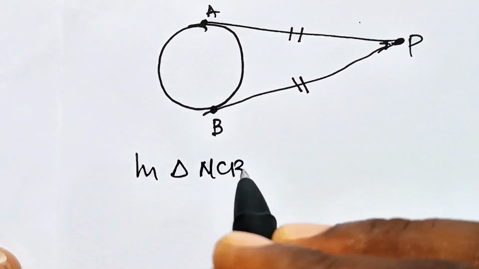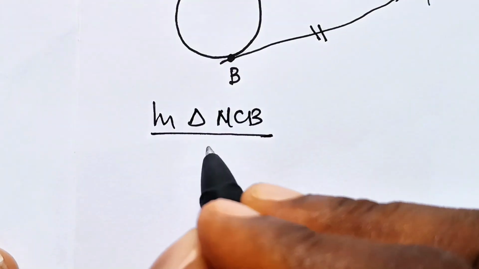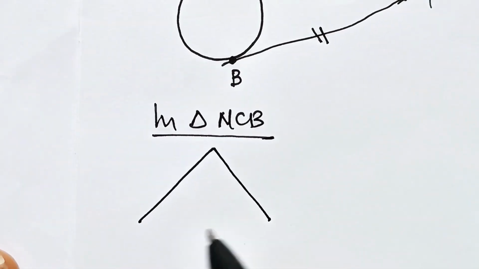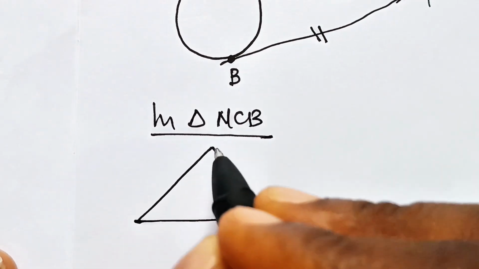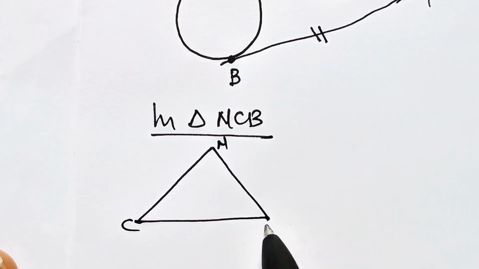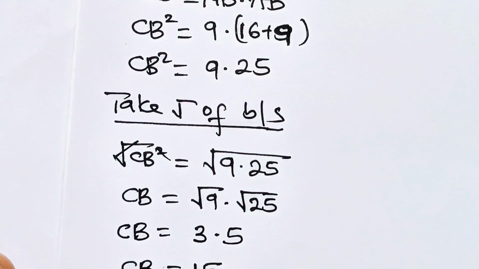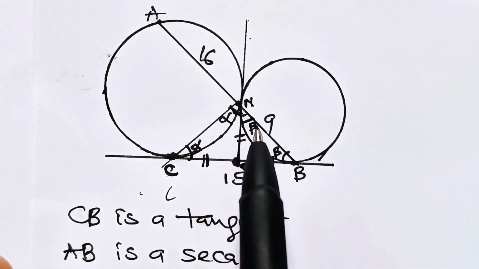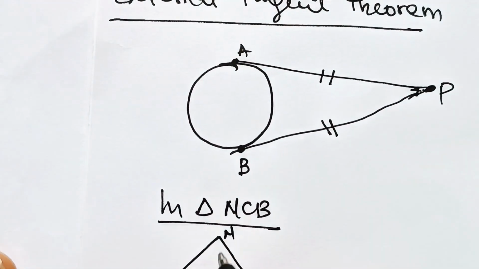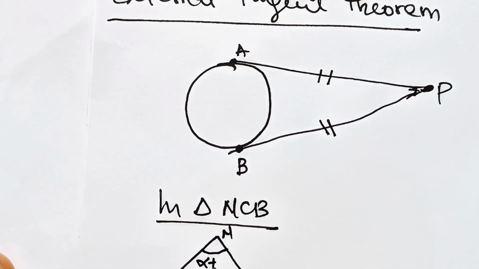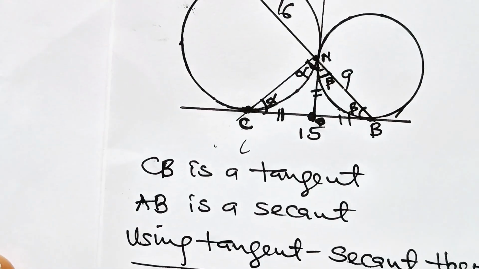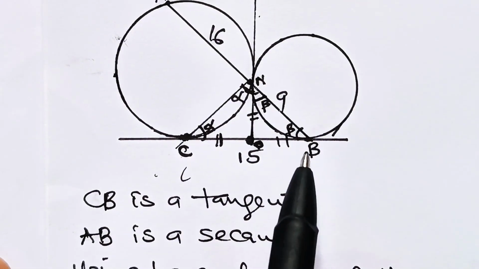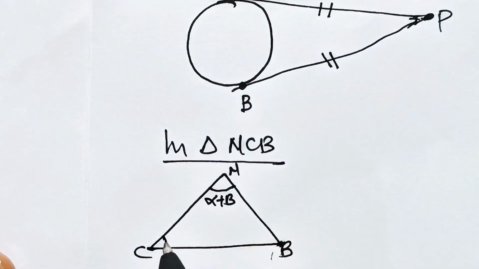This is N, this is C, this is B. Then you can see that here is alpha and beta. So N is alpha plus beta, C is alpha and B is beta.